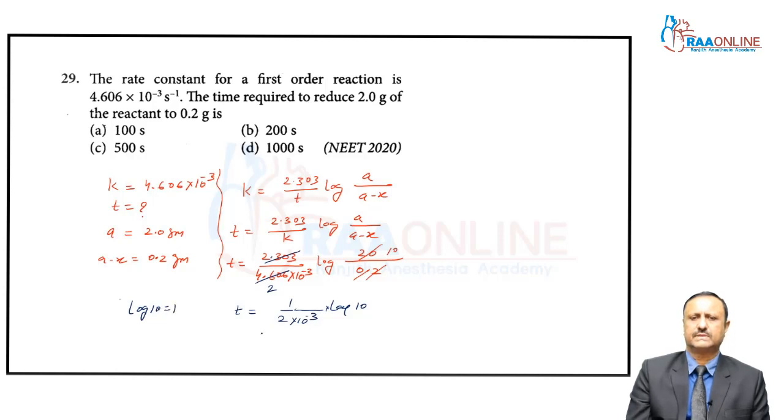So my dear students, t is equal to 1 upon 2 into 10 to the power minus 3. 1 upon 2 means 0.5, so it is 0.5 into 10 to the power minus 3.